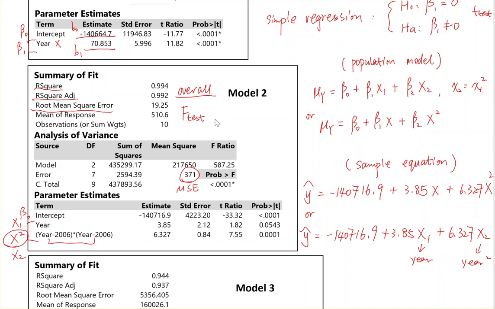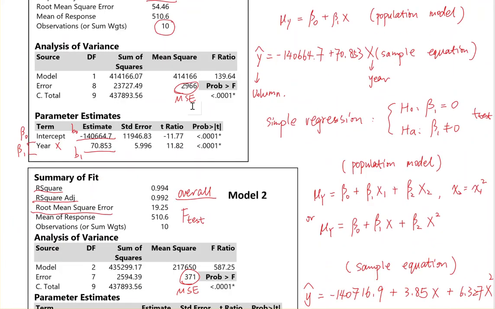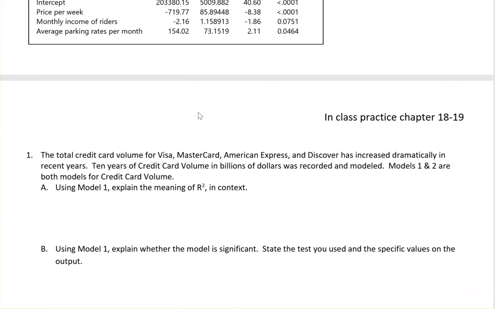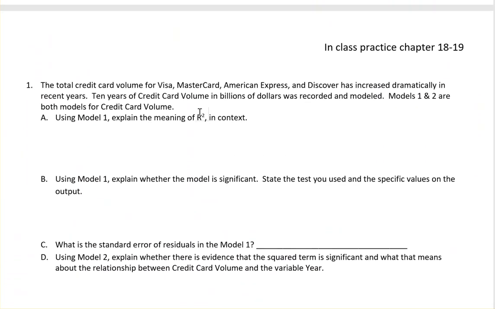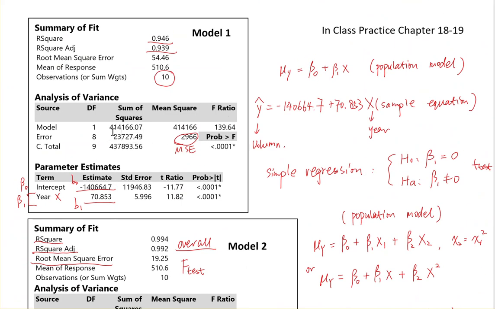All right, so now we have a good idea about model 1 and model 2. I kind of forgot what the question was for part A. It says using model 1. Okay, so just focus on model 1, explain the meaning of R square. So let's go to model 1.